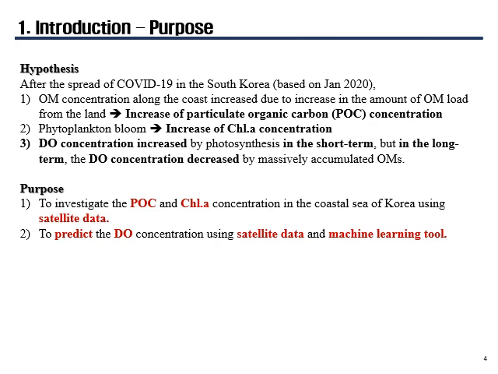And second, the phytoplankton bloom, meaning an increase of chlorophyll concentration, makes the DO concentration increase by these processes in the short term. But from a long-term point of view, the DO concentration decreased because massively accumulated organic matter consumes the dissolved oxygen in the bottom layer.